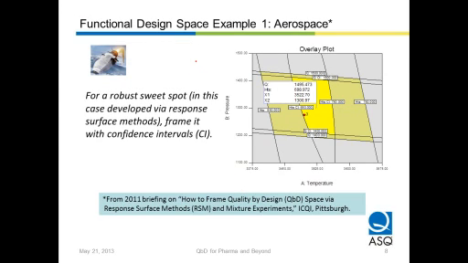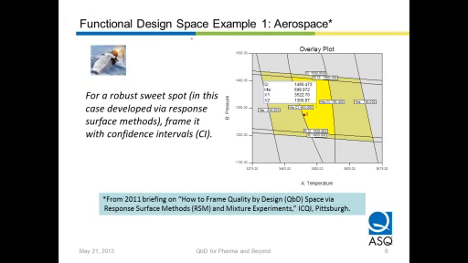I have a couple of examples of where we've applied response surface methods to map out a region and find the sweet spot. And then what you'll notice is that inside this yellow region are gray areas where we pushed away from the outer boundaries by the half width of the confidence interval on the mean for the response.